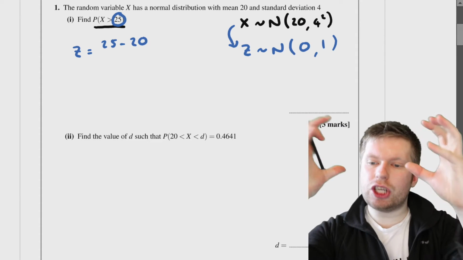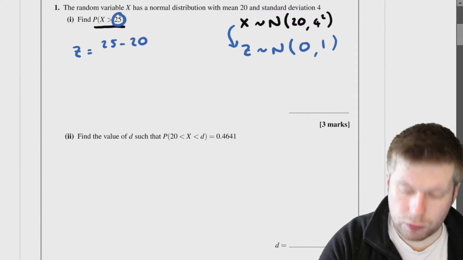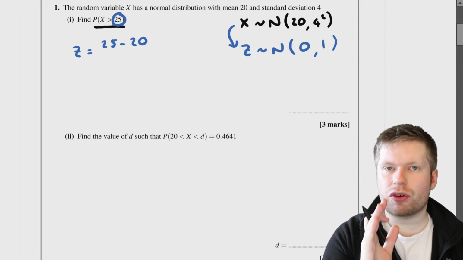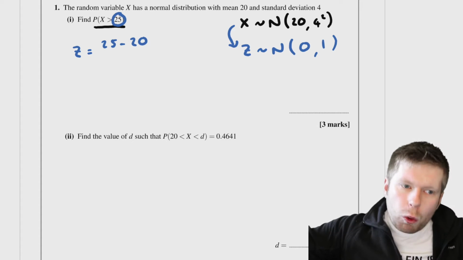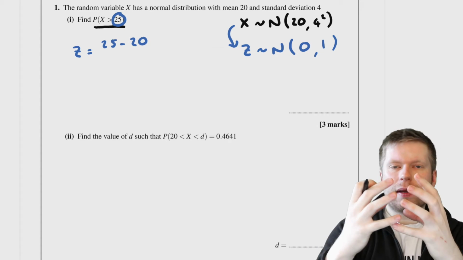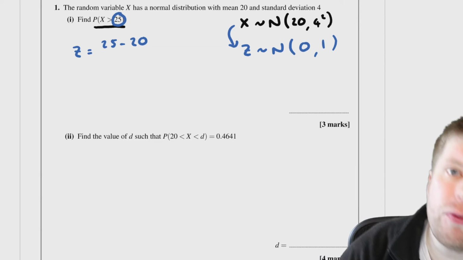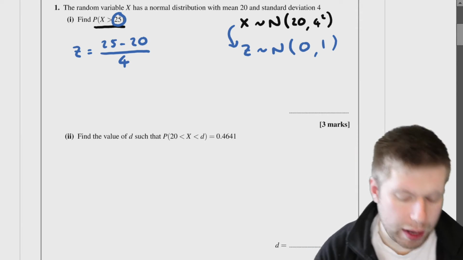It's basically changing this distribution, with a mean of 20 and variance of 4 squared. I'm basically shifting this distribution so it's now centered around 0. And I do that by taking away 20 from all my values. But then I also need to perform a scaling transformation so that each standard deviation is now worth 1 instead of 4, okay? So in order to do that, I just basically divide this value by 4, okay? And that does my scaling for me, okay?